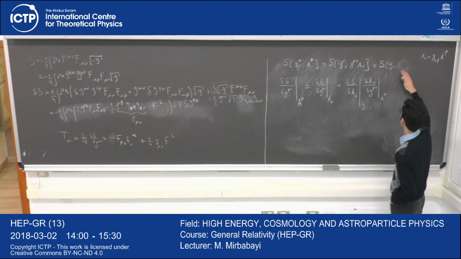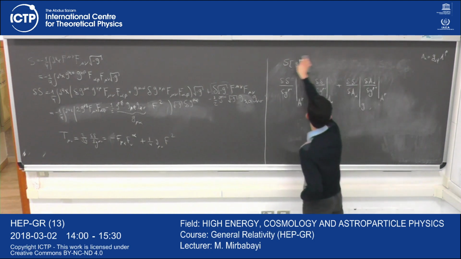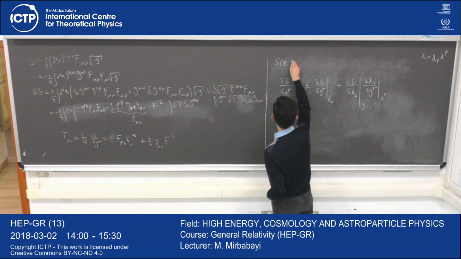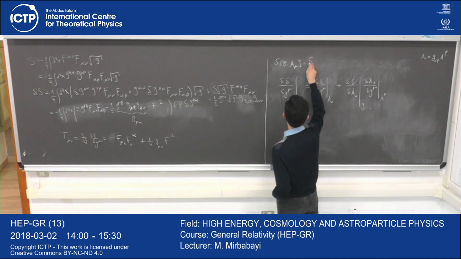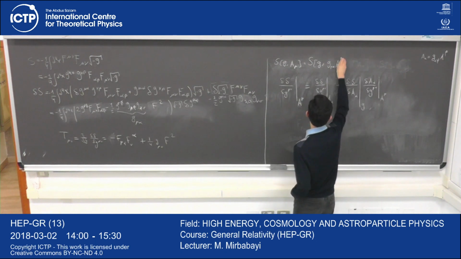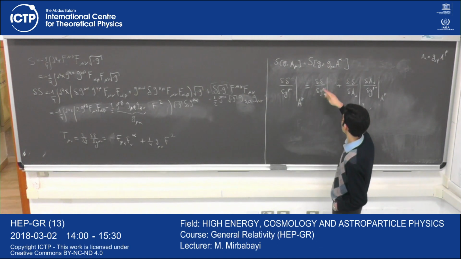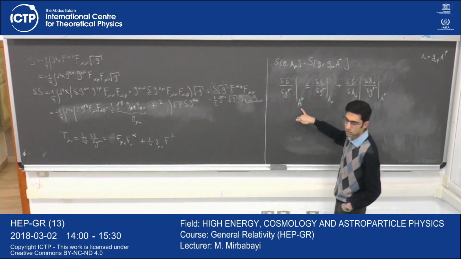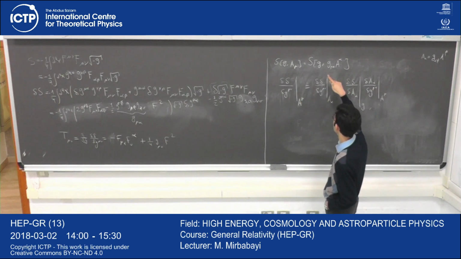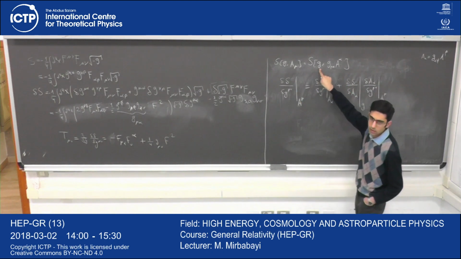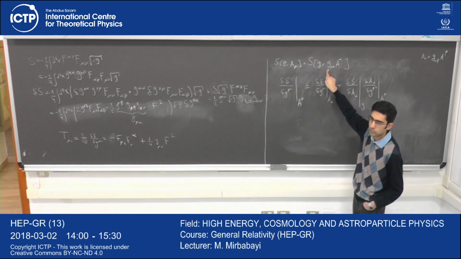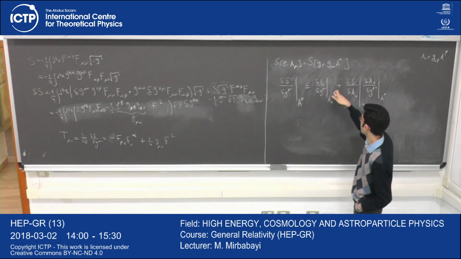Let's take the original action, which was a function of the metric and A with lower index. So you can write it as the action as a function of g and g mu alpha A alpha. Now, when you want to do variation with respect to g, keeping A mu fixed, you get variation with respect to g from two places. One is when you vary with respect to this metric, and one is the factors of g mu nu that come from here.